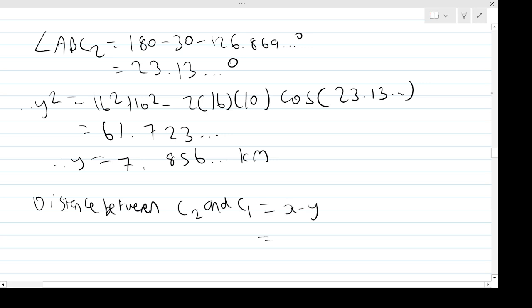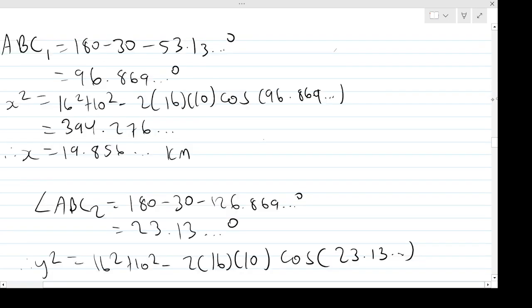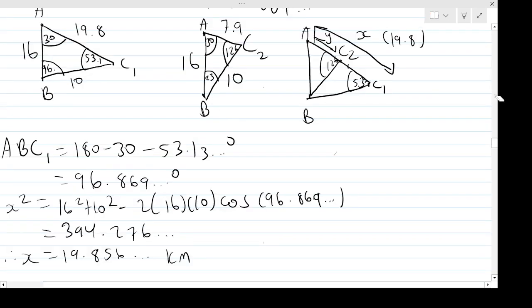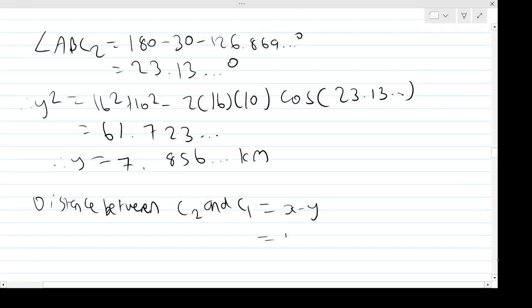It would just be this 19.8 take away the 7.9, right? Hopefully you can see that, as that will get me this distance here between C2 and C1. So that will be 19.856, blah, blah, blah, take away the 7.856, which I just worked out.